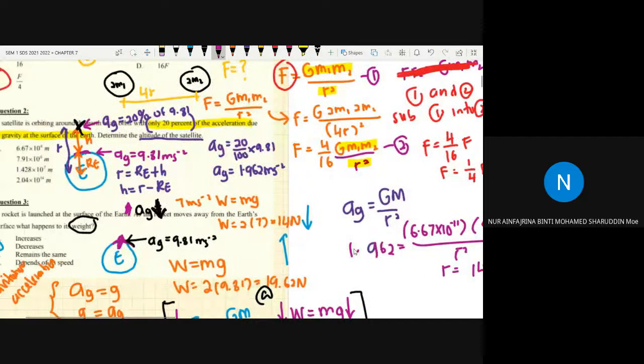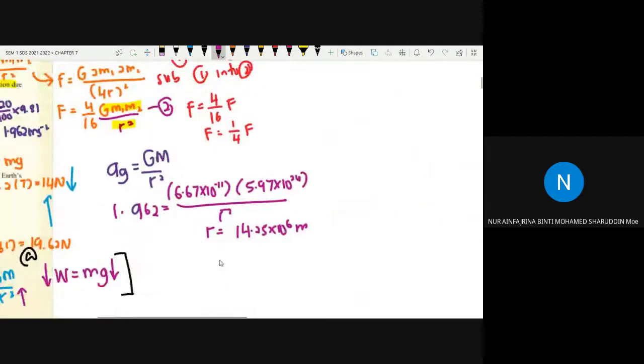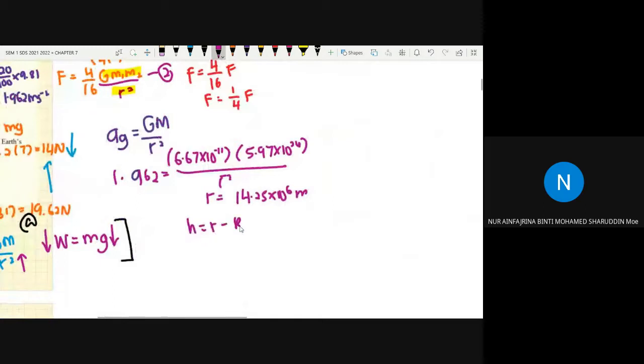So lepas dah dapat R, tolak dengan radius of Earth untuk dapat h. So h equals to R tolak dengan radius of Earth. Dan R awak adalah 14.25 times 10 to the power of 6 tolak dengan 6.37 times 10 to the power of 6. So you will get your height is 7.88 times 10 to the power of 6 meter.